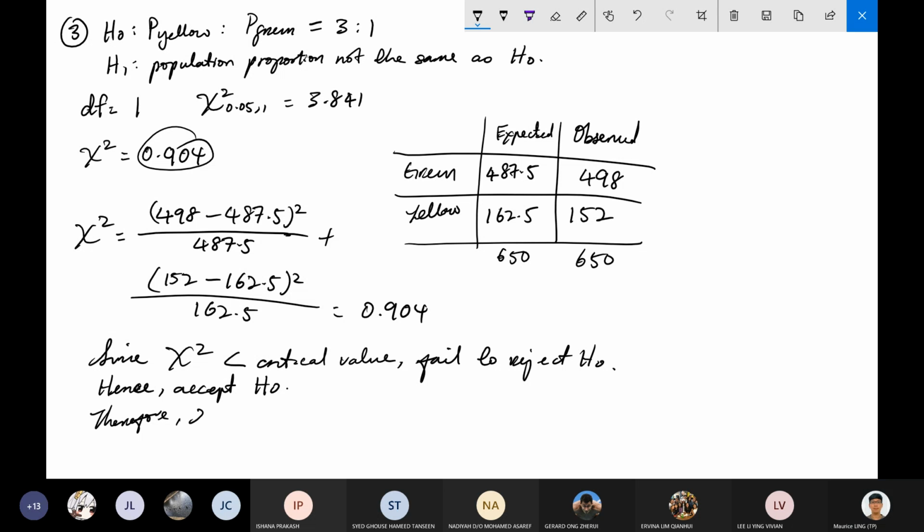Therefore, experiment. Anybody know what Mendel's job is?